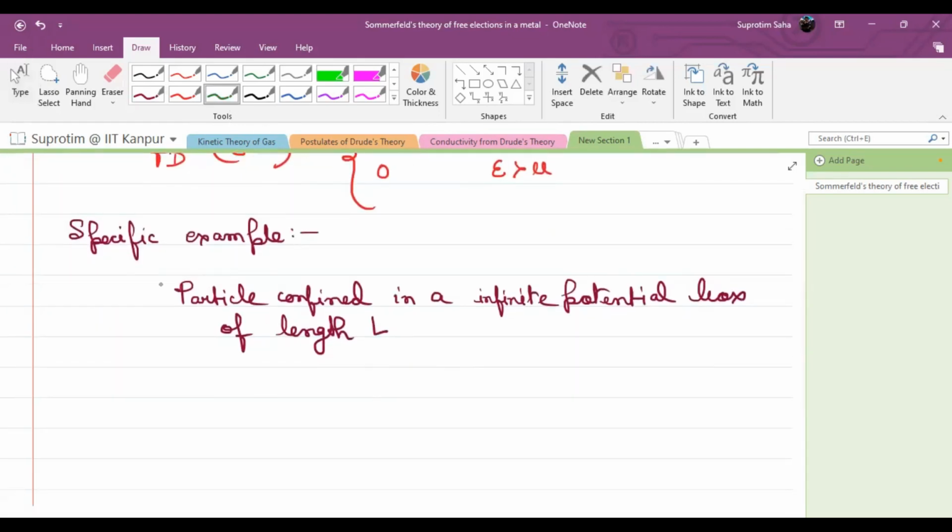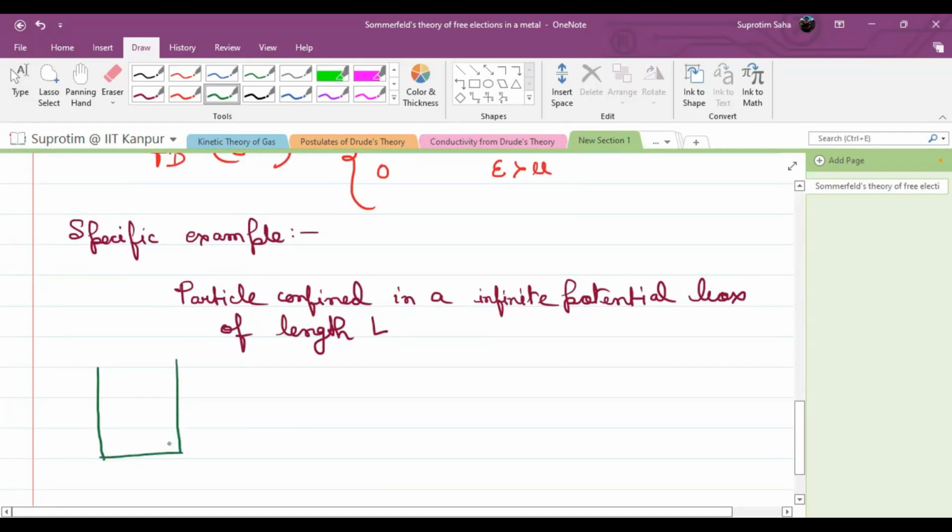So the picture is like this. You have a box, and the particle is trapped somewhere in between.